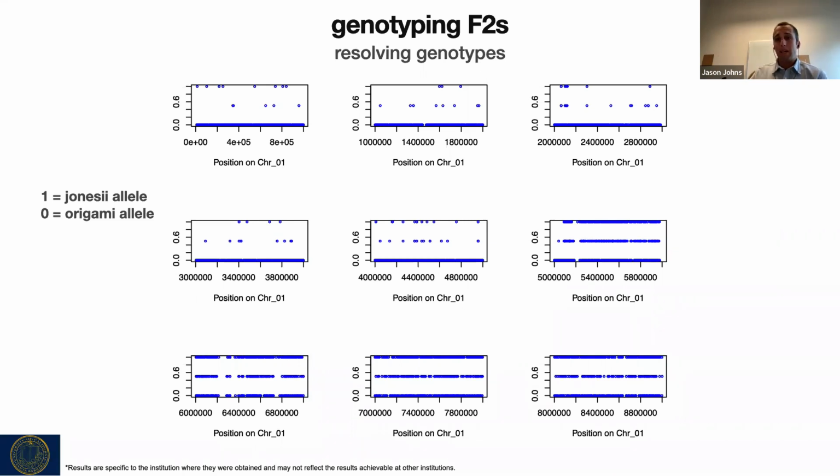Obviously, the smaller you make your bins, the more sequence you need, and the more computing that needs to happen. But this was one tool that we used here. So basically, anytime there are blue dots at the bottom, it's homozygous origami. Anytime there are blue dots all the way at the top, it's homozygous Jonesii. And anytime there are blue dots on all three levels, it's heterozygous.